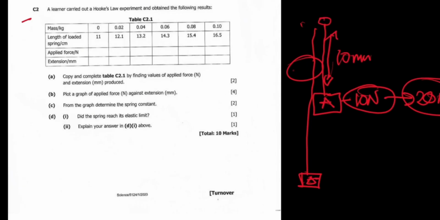And this Hooke's law is actually a law that explains that as long as you are within the elastic limit, in other words, in the region where there is elasticity, this can be stretched, then the extension that you're going to have of a spring is directly proportional to the applied force.